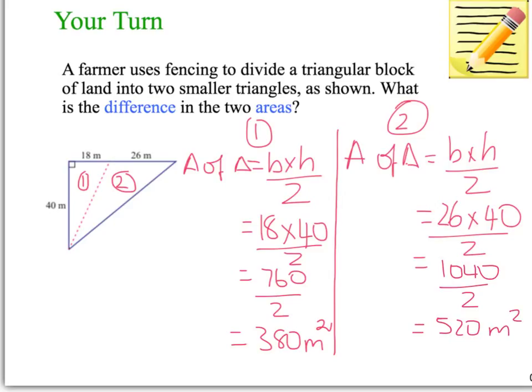We still have to take one away from the other. So we've got the larger one, which is 520, the second area. Take 380 away from the 520. So put a little line down here as well.